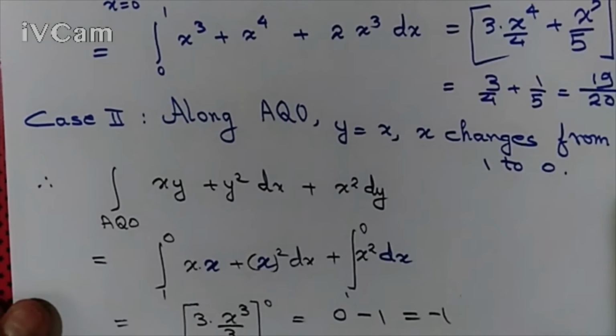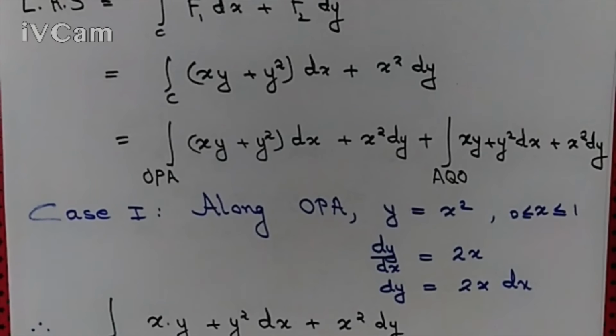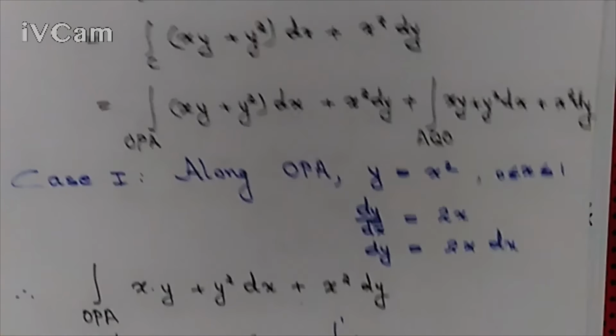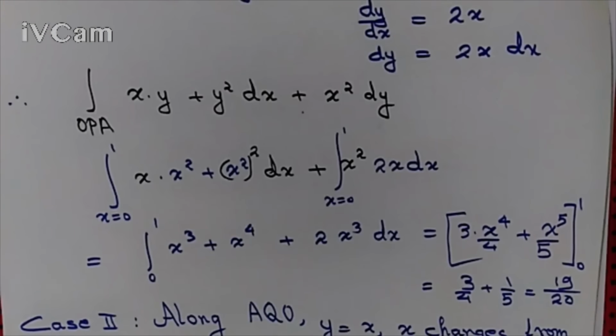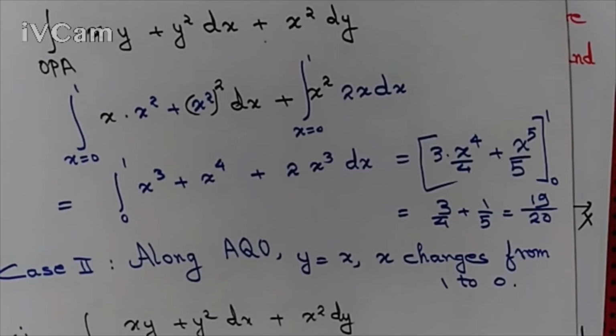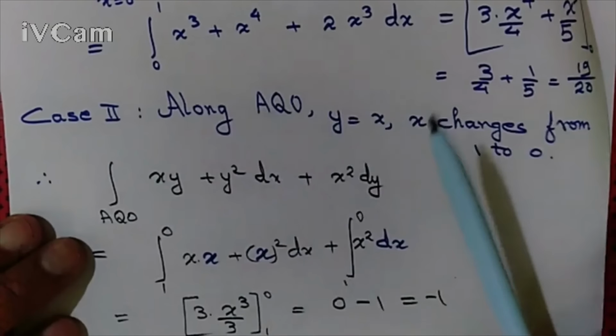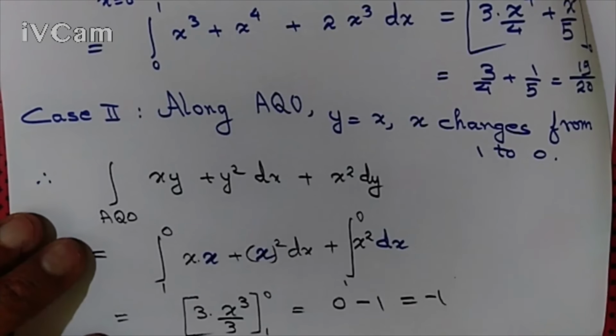Now we just need to add what we have in case 1, 19 by 20, and in case 2 we have the integral equal to minus 1.